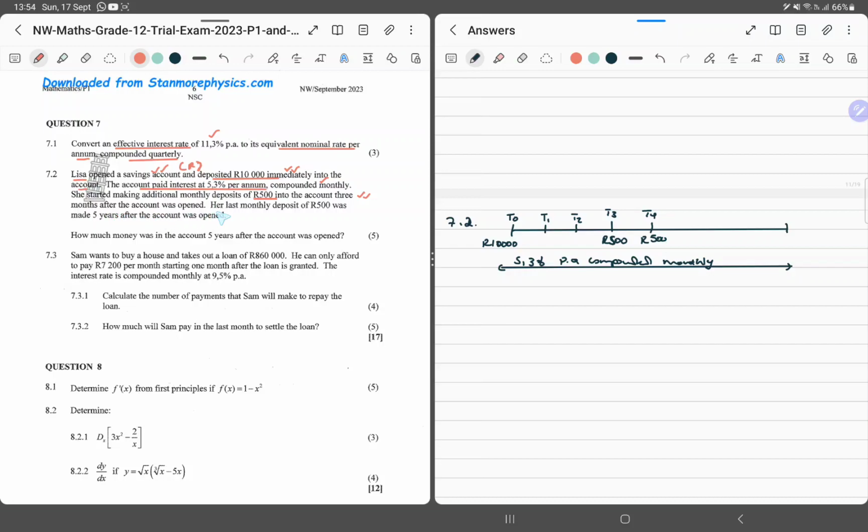So she says now her last monthly deposit of 500 rands was made 5 years after this account was opened. So 5 years is basically T60, because monthly is 12 times 5, which is 60. So that means she makes the 500 deposit at T60.